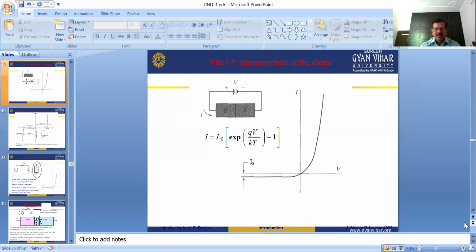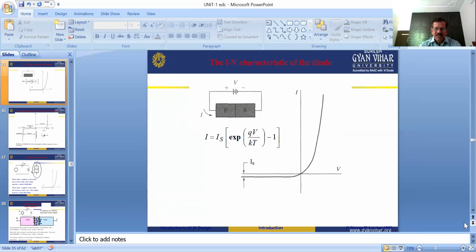The bias voltage can be divided into two types, forward biasing and reverse biasing, or we can say that the diode can be biased by forward biasing or reverse biasing. These are the two types of biasing of a PN junction diode. So what is forward biasing and what is reverse biasing?